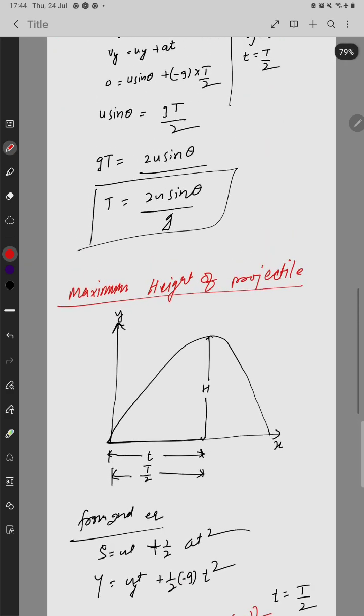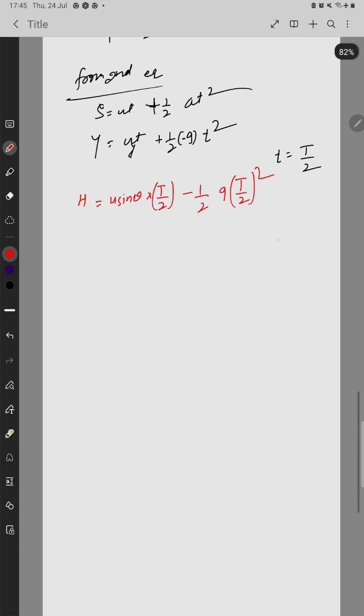Now here, see, T is equal to 2u sin theta by g. So what is T by 2? Half of the value.